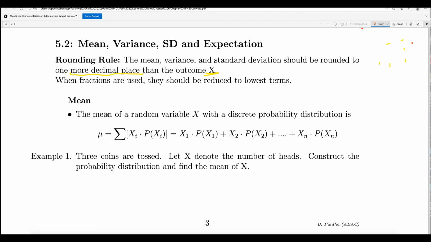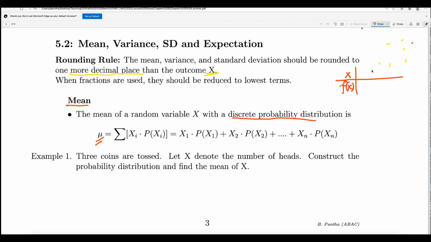Let us define the mean of a discrete probability distribution. The mean of a random variable x with a discrete probability distribution is denoted by mu, and is the summation of xi times p of xi. That is the same as x1 times p(x1) plus x2 times p(x2), and so on. What does that mean? You remember that we had x, and then we had p(x).